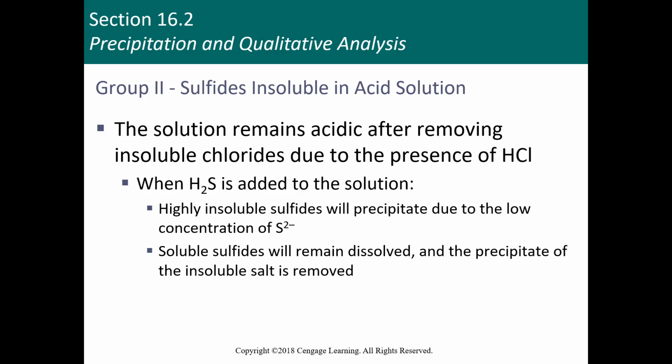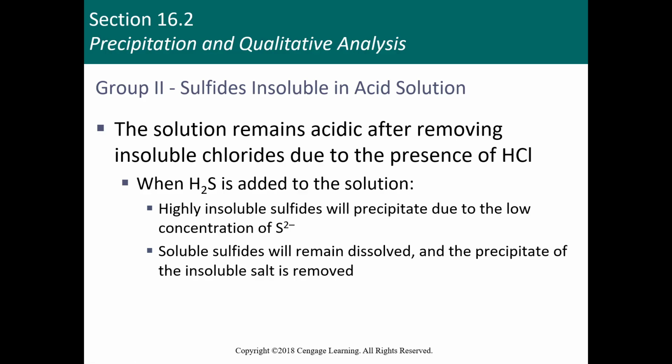Group 2, sulfides insoluble in acid solution. Remember that your current solution is actually acidic because you already had HCl in there, right? So the solution will be acidic already. You're now going to put sulfide in there, and H2S is the most common sulfide you would use here.